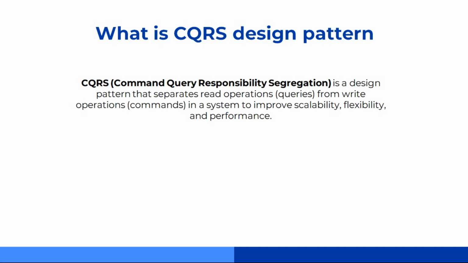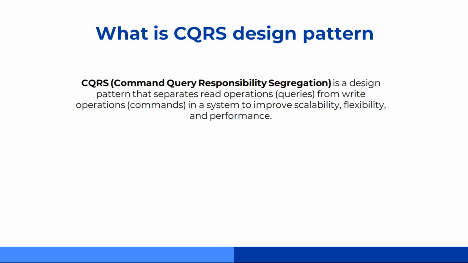So CQRS stands for Command Query Responsibility Segregation. In simple terms, it just means we handle reading data and writing data separately. We use different models or different components for each side.